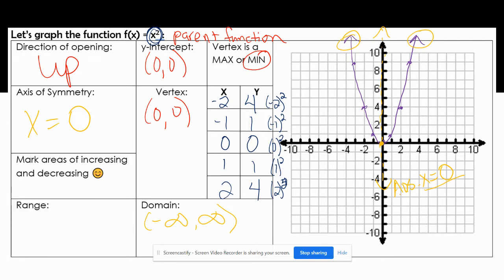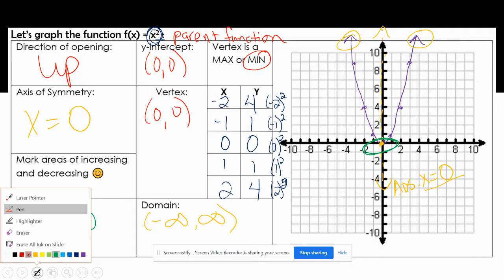Our range is going to depend on where our vertex is and the direction that our graph opens. Our vertex here is our lowest point, and that y value is 0. And our graph is pointing up, so all those numbers are greater than. So we have y is greater than or equal to 0.